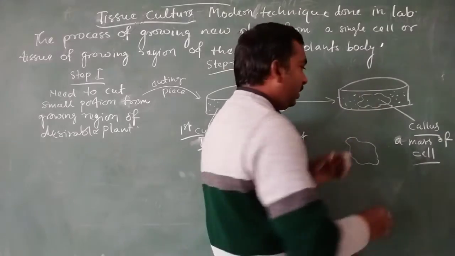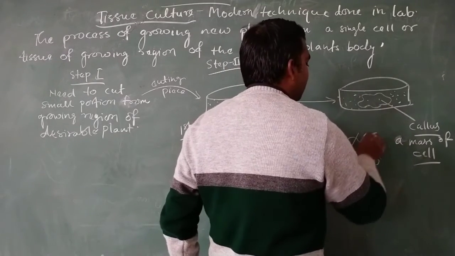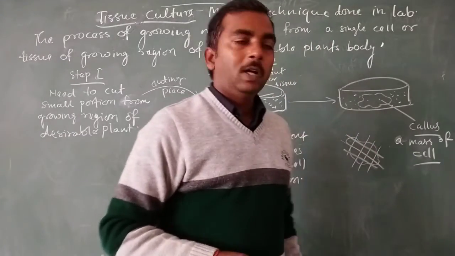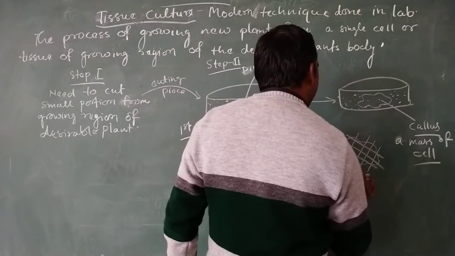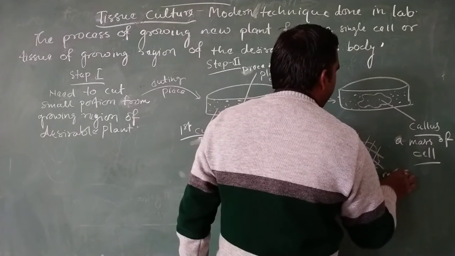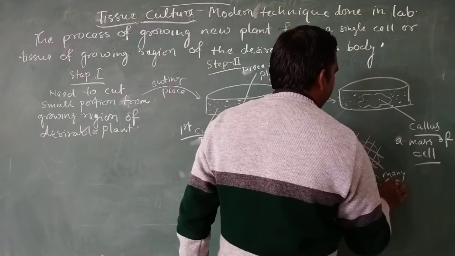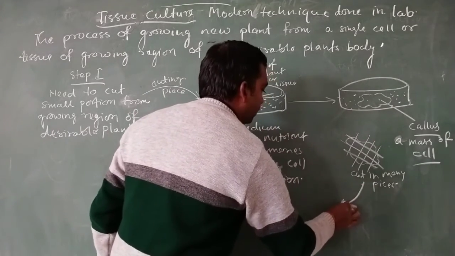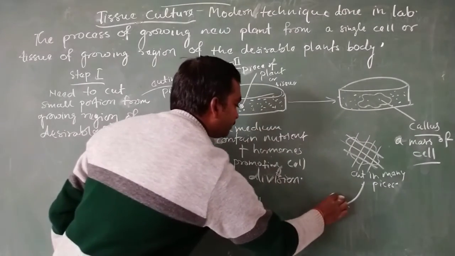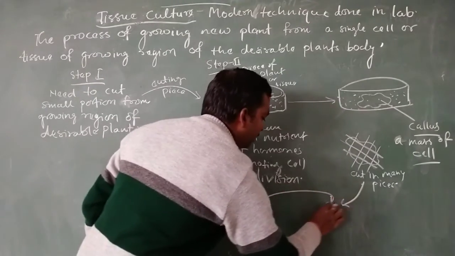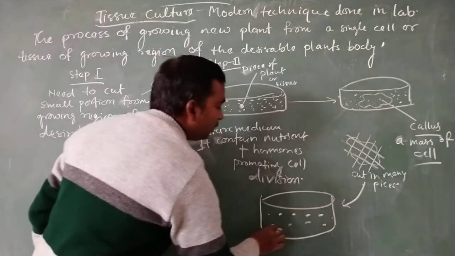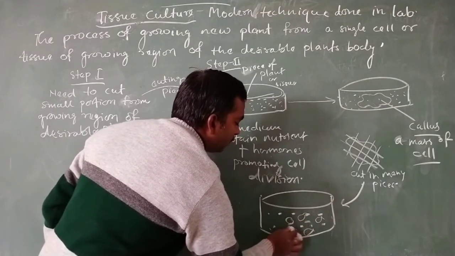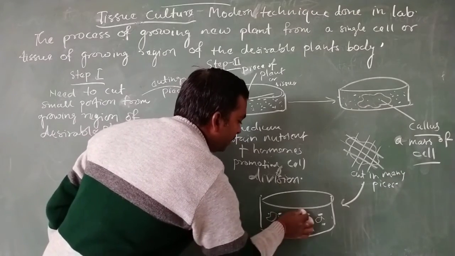We remove it from the culture medium, and then we cut this callus into many pieces. After cutting this callus into many pieces, we transfer them to the next culture medium. This is the cut piece, a small piece of the callus.